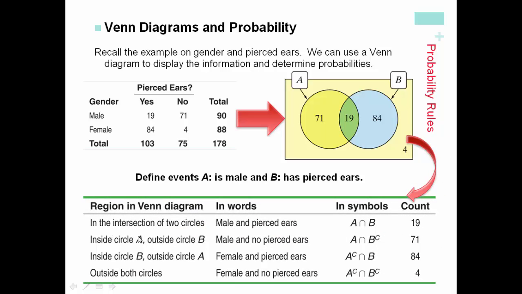So here's how this looks. The intersection is male and pierced ears, 19. Inside circle A but outside B, male and no pierced ears, 71. Inside circle B but outside A, female and pierced ears would be 84. And then female and no pierced ears, here's how it would look on the Venn diagram and in notation, would be 4.